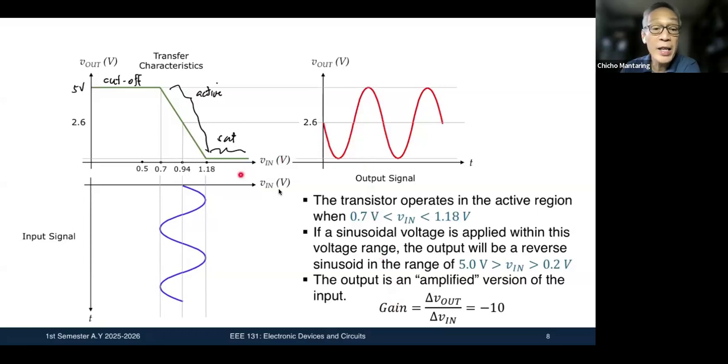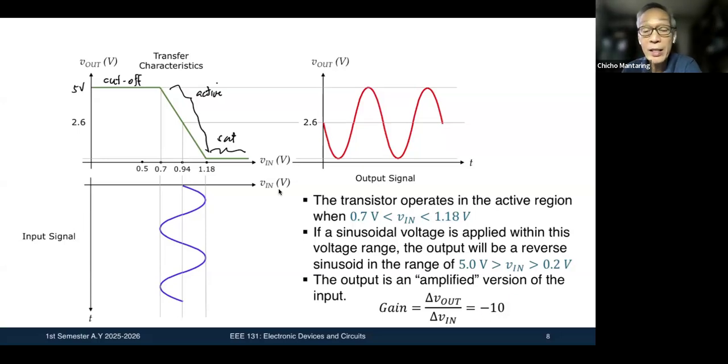So the peak-to-peak value of my input is 0.48. The peak-to-peak value of my output is 4.8. So I have a gain. The magnitude of my gain is 10, but I put here a negative sign because when my input is increasing, my output is decreasing. In other words, my output is 180 degrees out of phase with my input, or my output is the negative of my input. So my gain is negative 10.